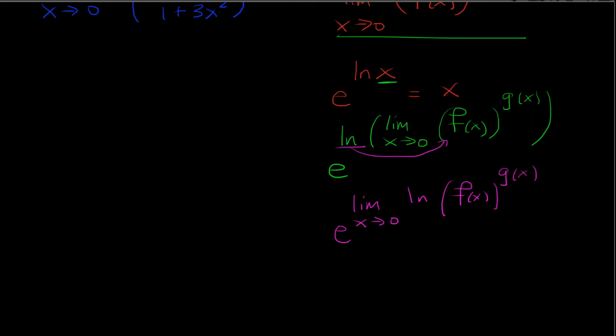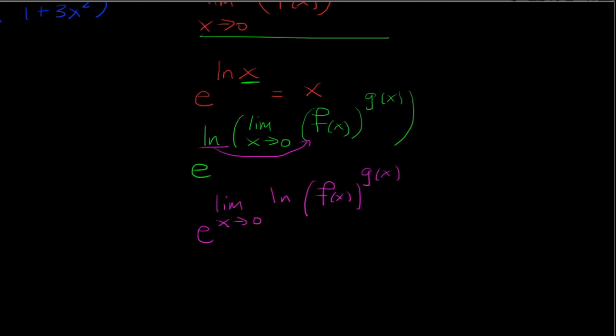And so the g of x will come out in front, okay, because here we know that if we have ln of, let's say, x to the n, the n is going to come out like that. Okay, so the g of x here is playing the role of n. So that's going to come out in front of the ln.